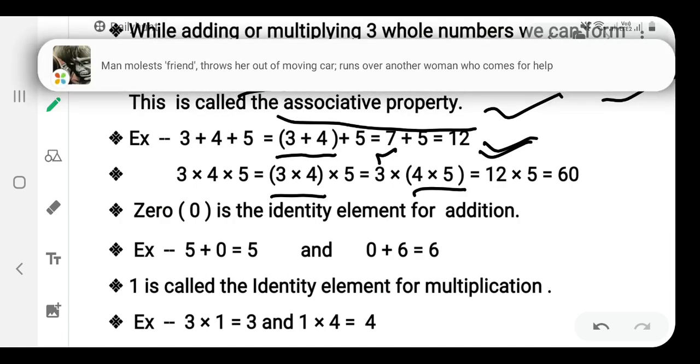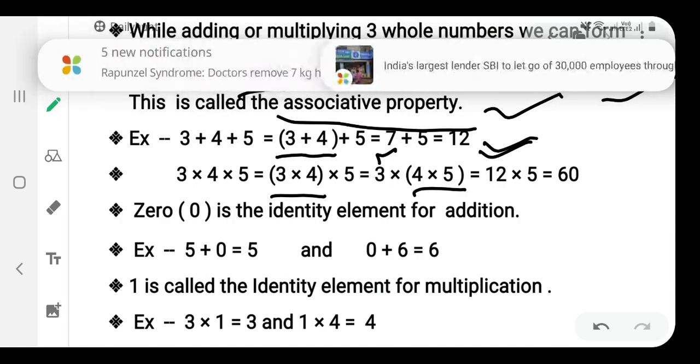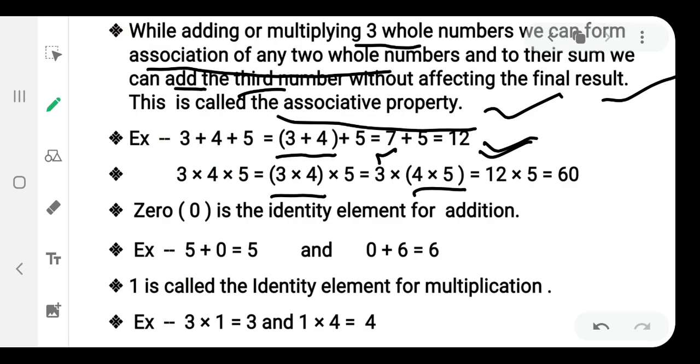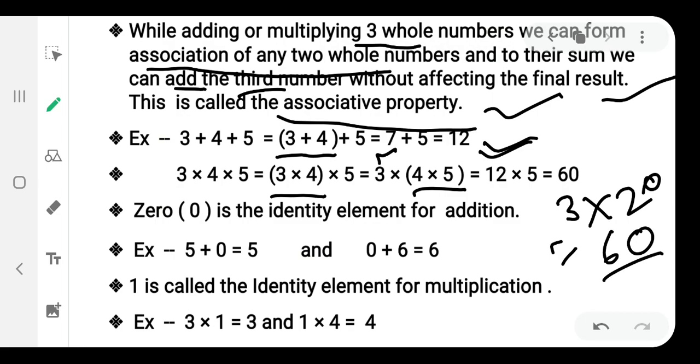Then also I will get the same result. Like here you can see 3 fours are 12 and 12 fives are 60. Or you can check it as 3, leave it as it is, 4 into 5 is 20. So 3 twenties is 60. So you can check it, 60 here also and here also, you are getting the same result.